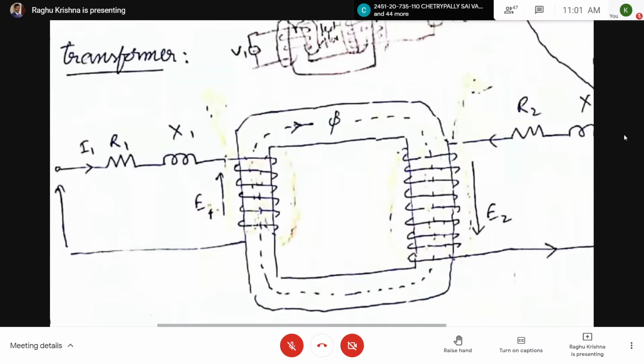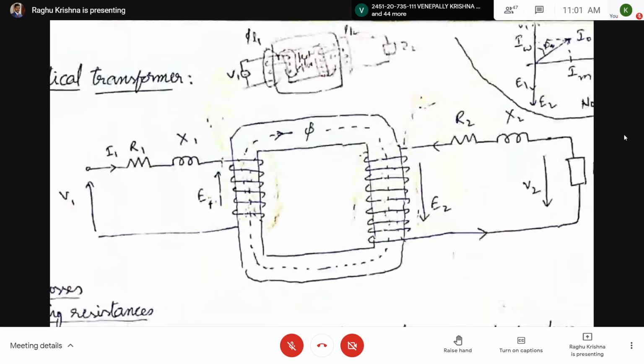Next, you can see X1 and X2, which consider the leakage flux. Some flux will leak in the primary and some in the secondary. The flux due to X1 will not flow in X2.